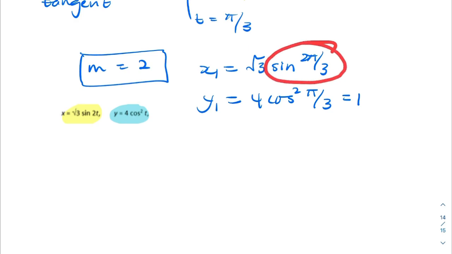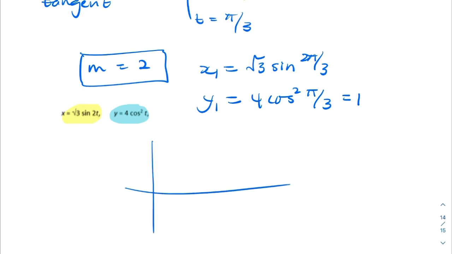I'm less certain about this. This 2 pi over 3 is 120 degrees. I think that's going to give me half. No, it isn't.